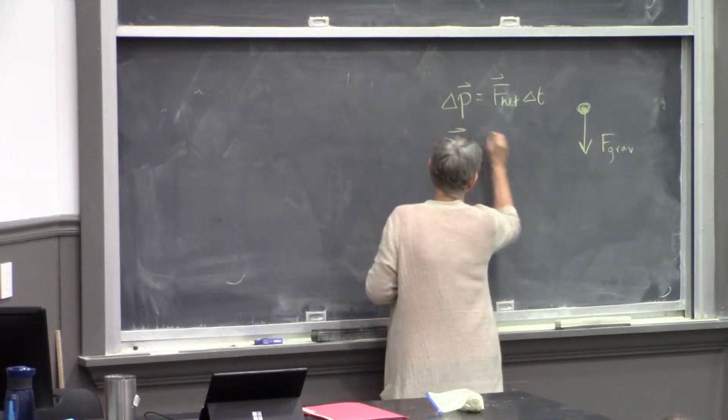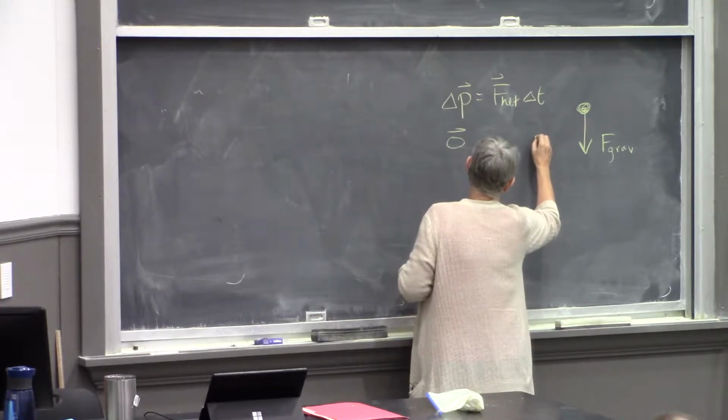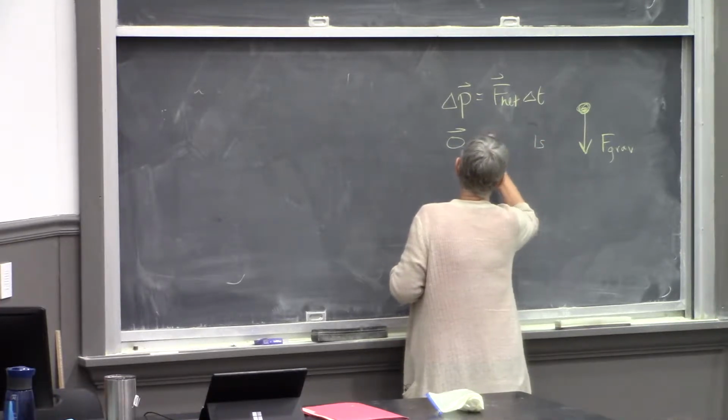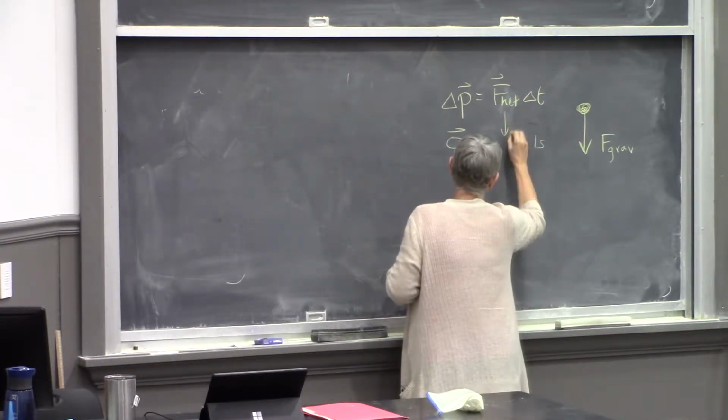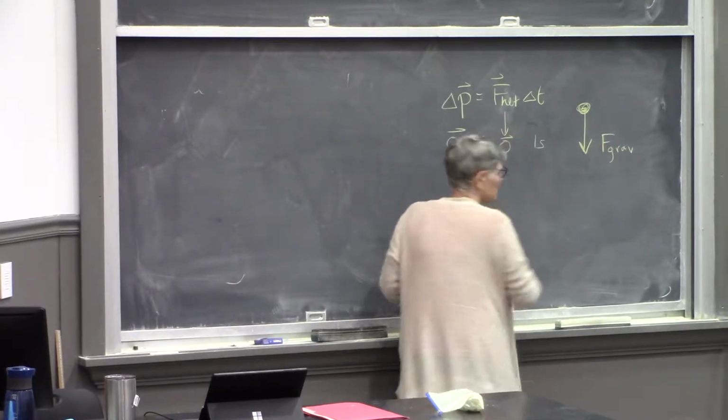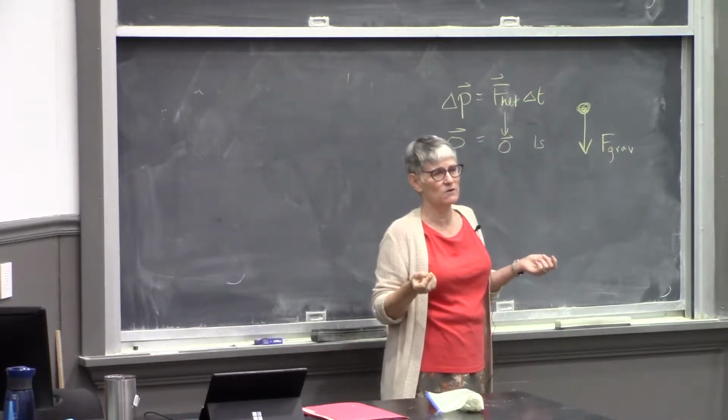This is 0, that's 1 second, and so that implies that F net must be 0, so the net force on me must be 0.